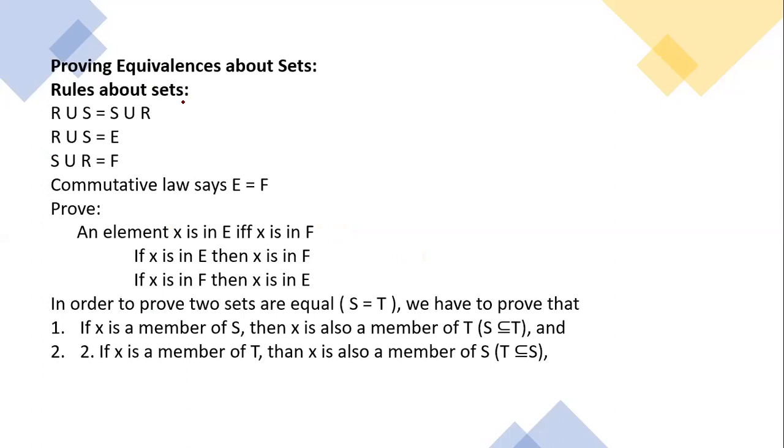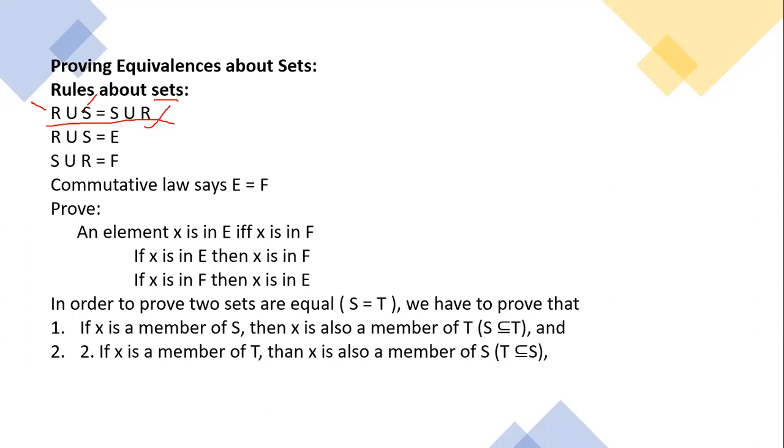So how can we prove with the help of sets? Here we have a statement: R union S equals S union R, where R is one set and S is another set. Is it correct or not? Yes, we have two separate sets and we are just combining both.